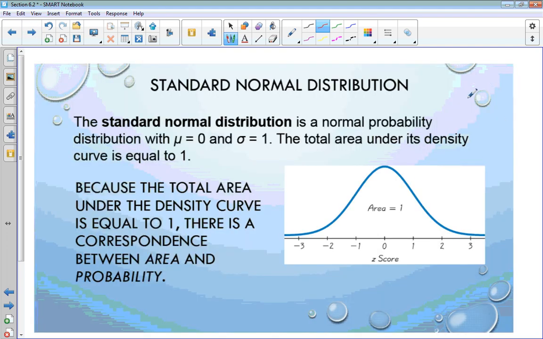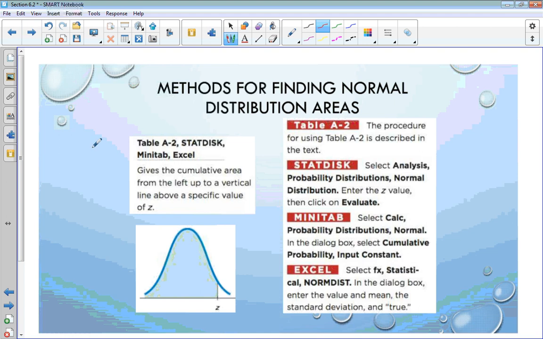So the normal distribution, again, the area is equal to 1. There is a definite correspondence between area and probability, and they are exactly the same thing. So there are several ways that we can find this area under the curve. We can use our table, and we can bring up the table and talk about how to use that.